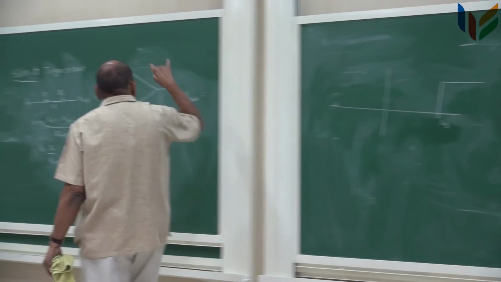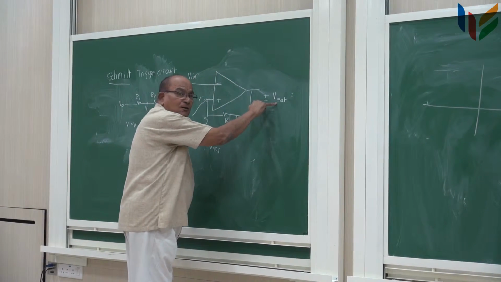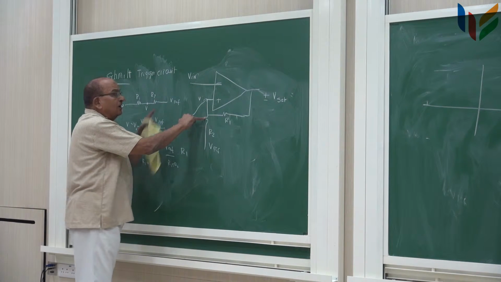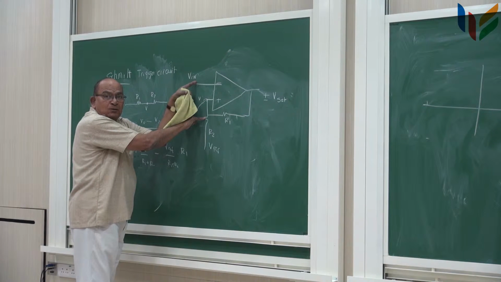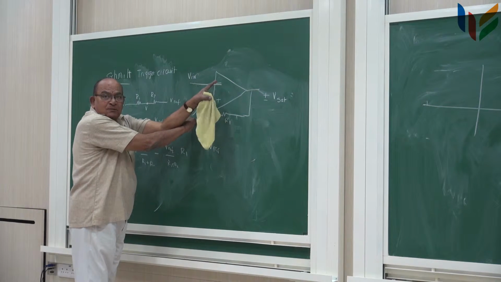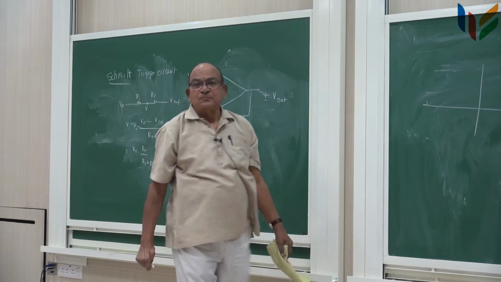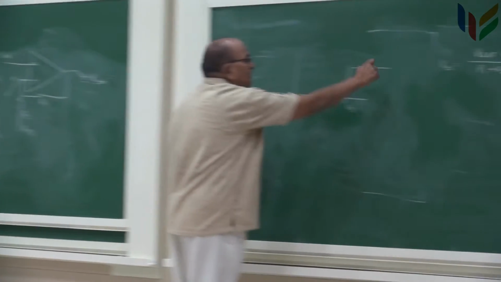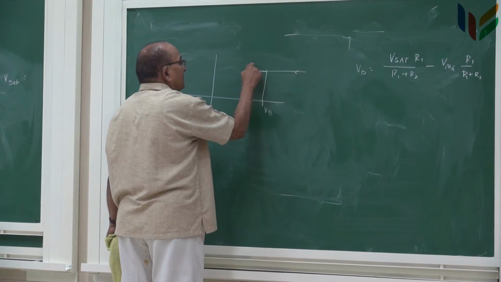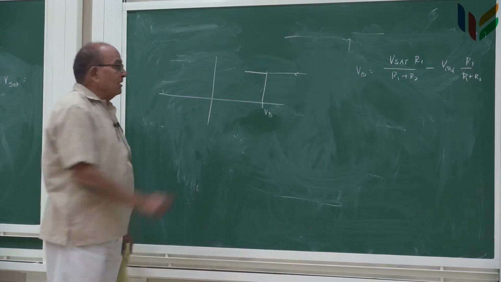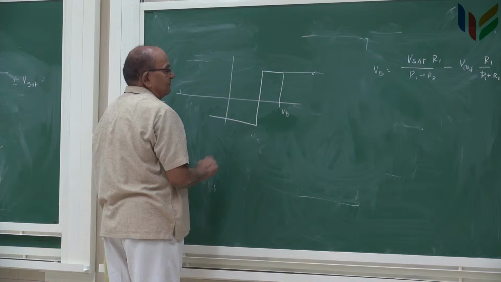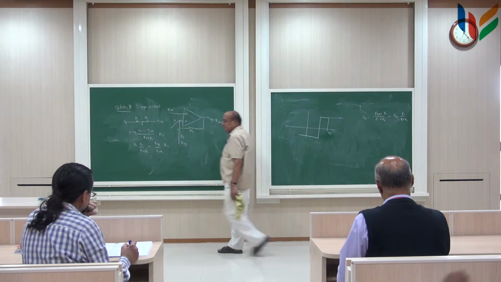As long as this is sitting at plus V sat, there will be some voltage here corresponding with V 0 substituted plus V sat, and as long as this voltage is then less than this voltage, then the output will be sitting at V sat, they are compatible. So, that will be the characteristic. So, it continues like this, but when you are coming downwards, then the characteristic will move like this. I am drawing something wrong.